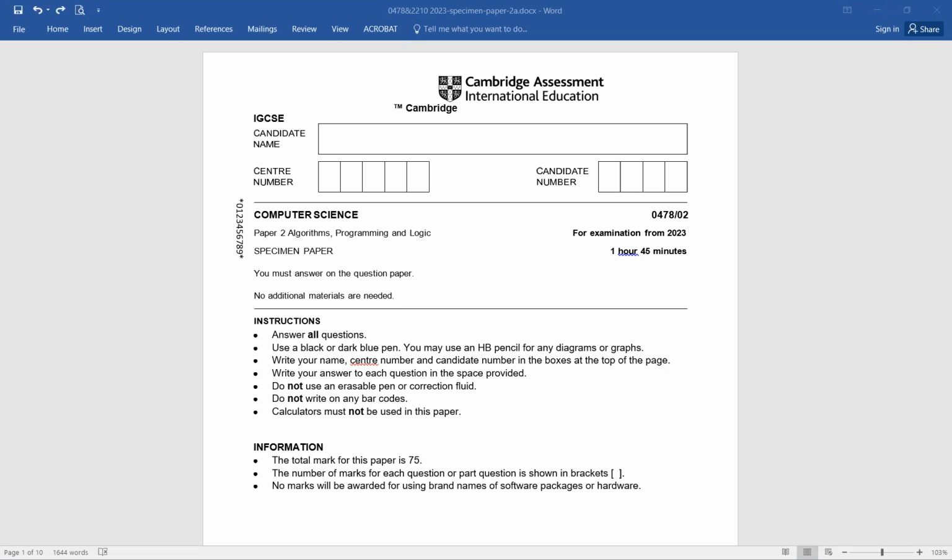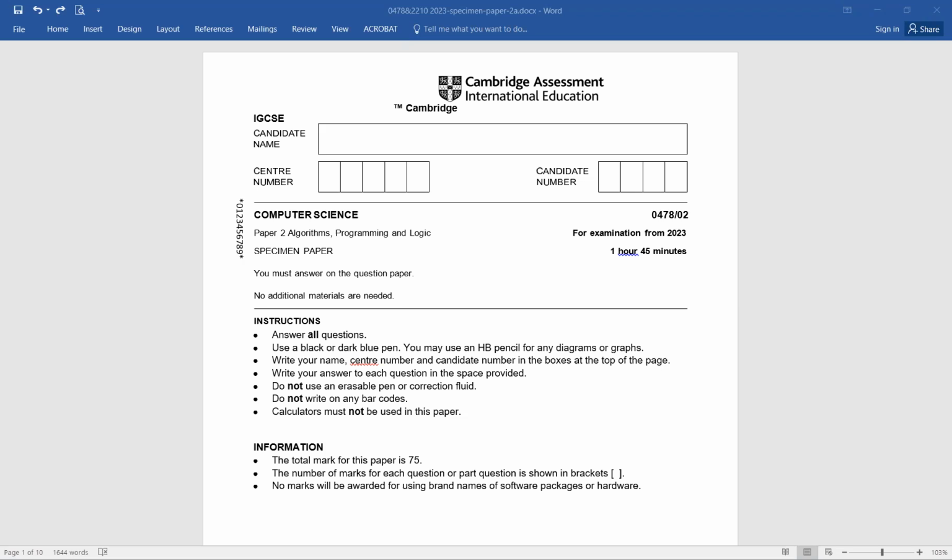You have to write down your details, like your name, center number, and candidate number in all the material provided to you. You have to answer in the space provided, and you are not supposed to use the correction fluid at all. Do not use the barcodes for writing purpose. And very important thing that you need to know is you are not supposed to carry a calculator because that is not allowed.